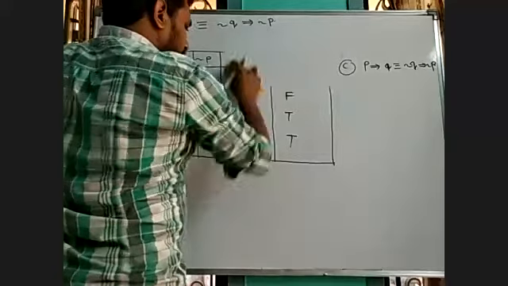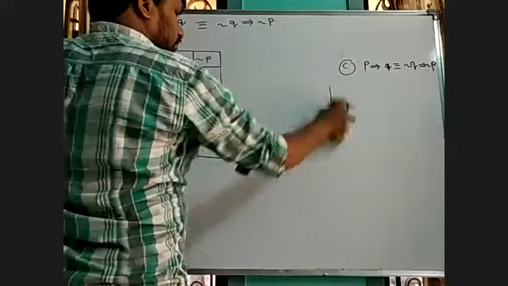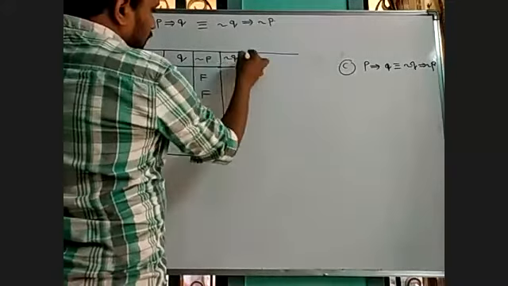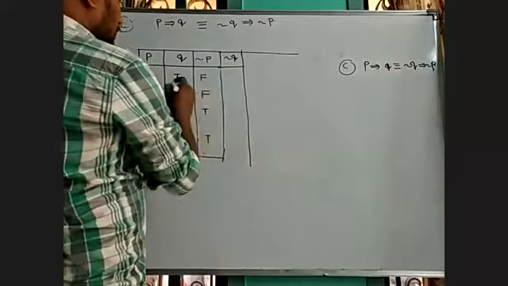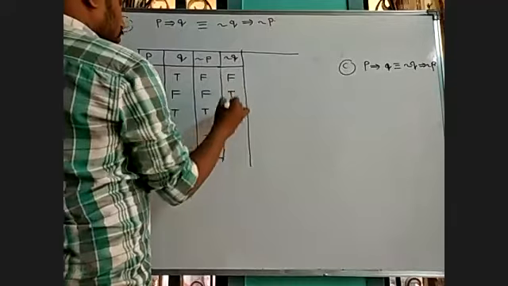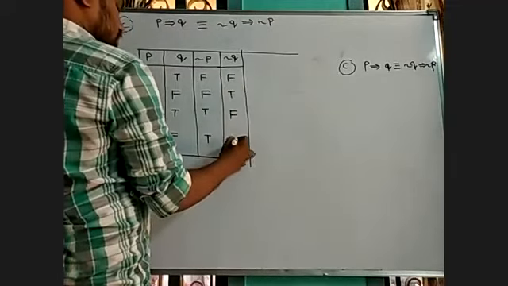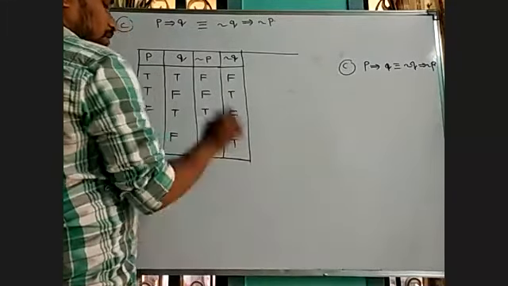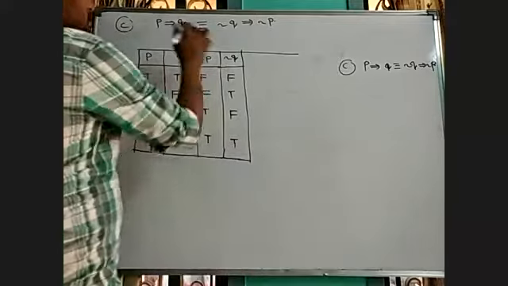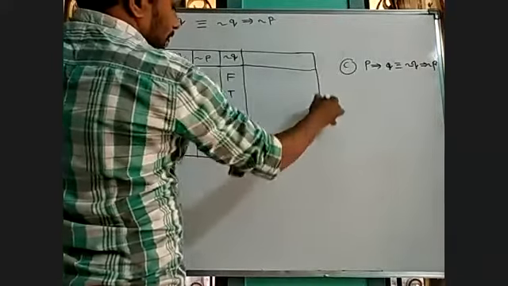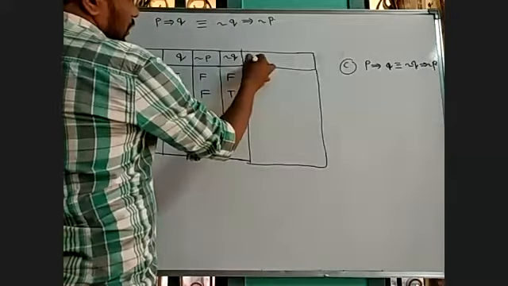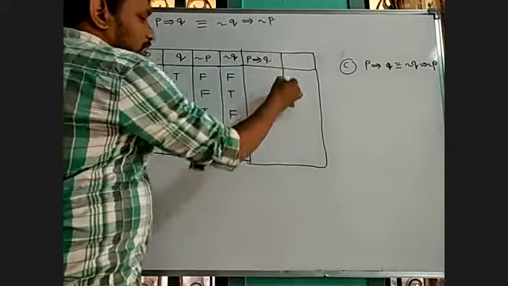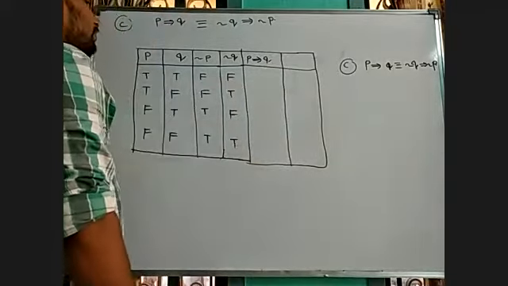First, you take negation of P and negation of Q. Negation of Q means false, true, false, true. Next, P implication to Q, or conditional to Q, both are the same.